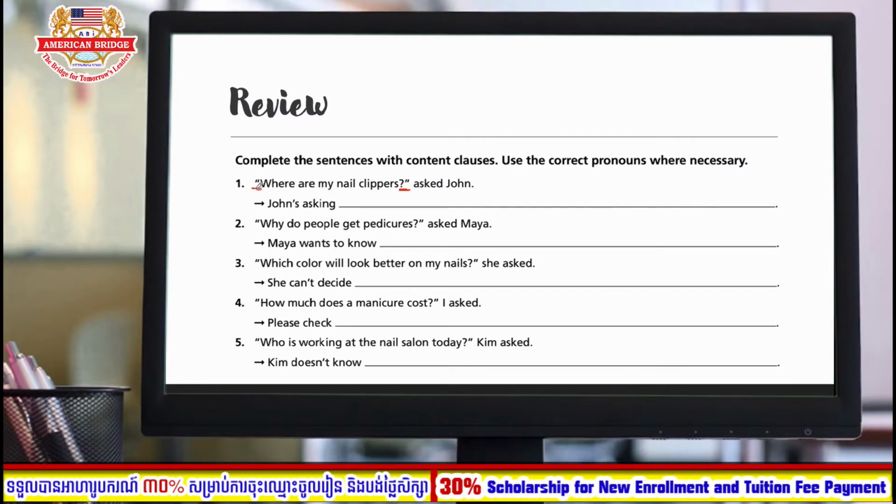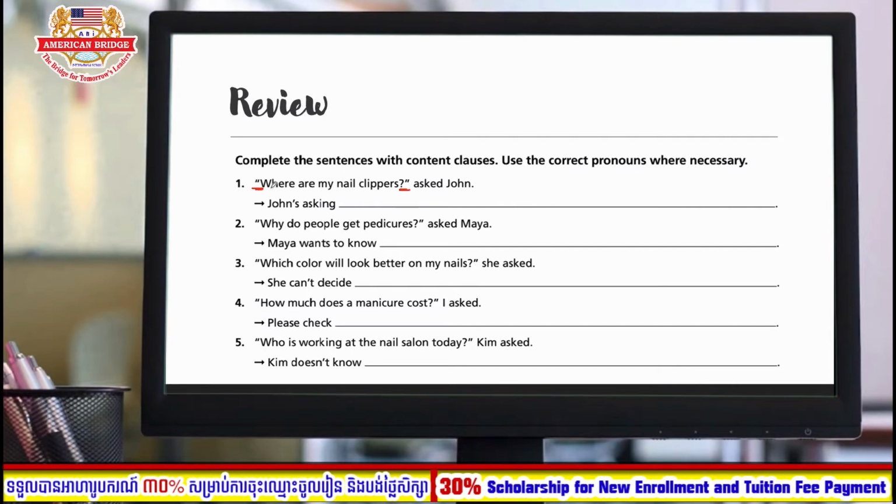We put the quotation mark to emphasize that this is the direct speech. And then below the sentences, we have the line, which is for you to write the reporting information about this question. So as you know, the content clause that we use to report the WH question or information question generally starts with the WH word itself.